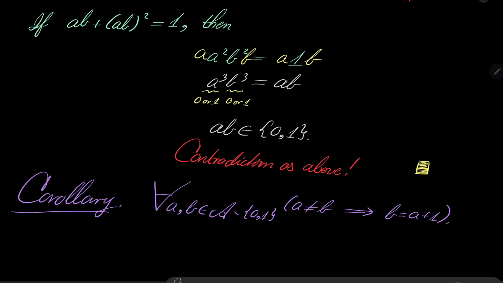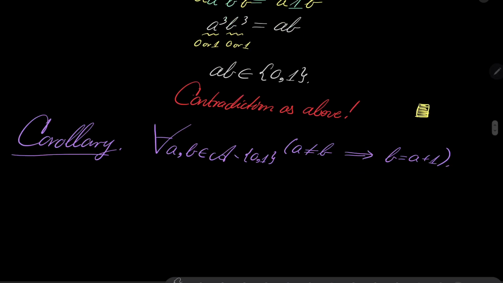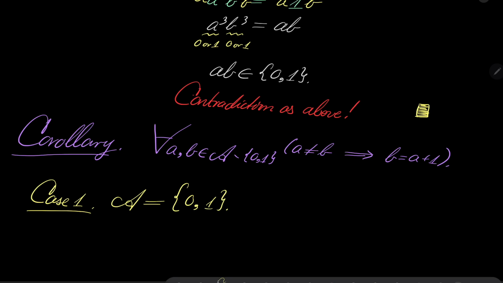Alright. But now, notice that this is about any two elements A and B. So now let's consider two cases. Case number 1: if our ring has only two elements, 0 and 1, then this is obviously a solution.